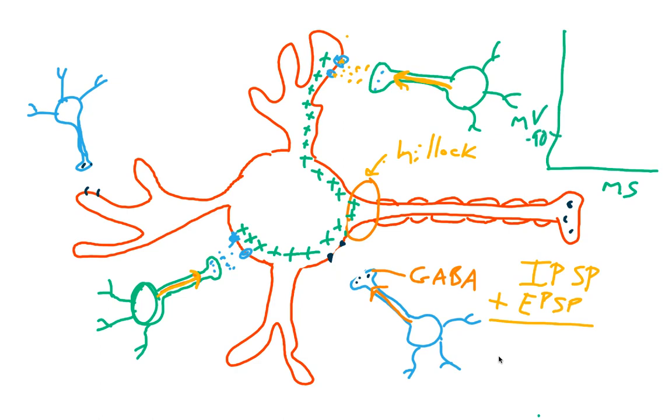And I'm going to draw in red, right? So our cell in red here is hanging out at negative 90, and you get these two graded potentials that are basically adding. And if it's enough for it to reach threshold, then that red cell fires its action potential, which will travel down the length of the axon.